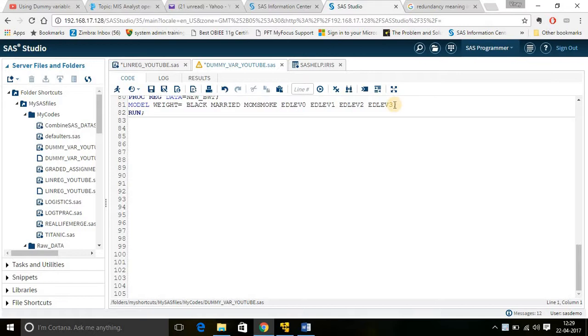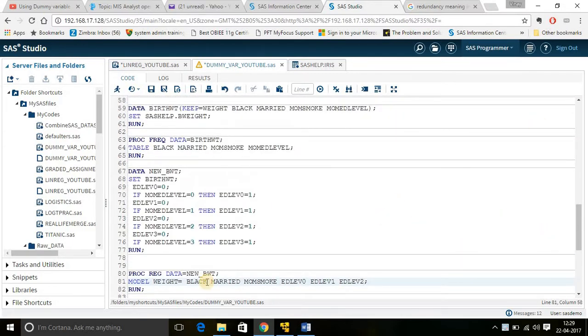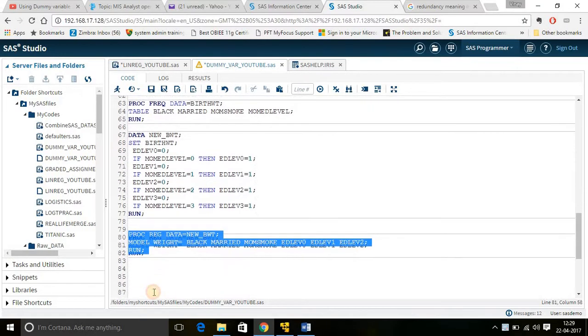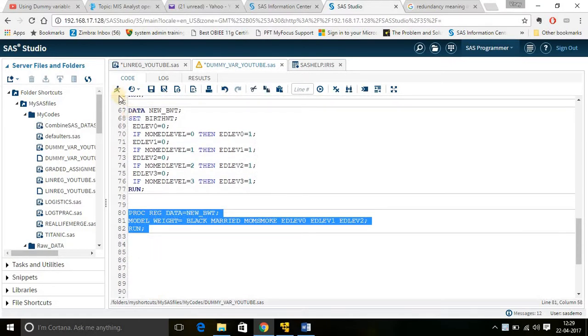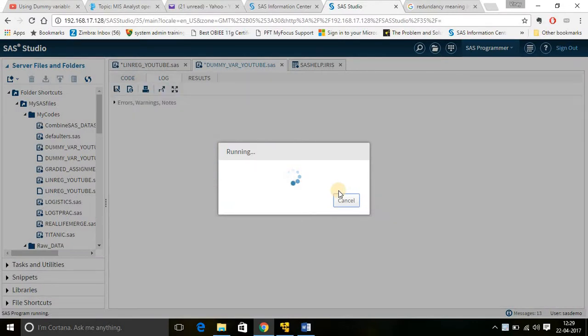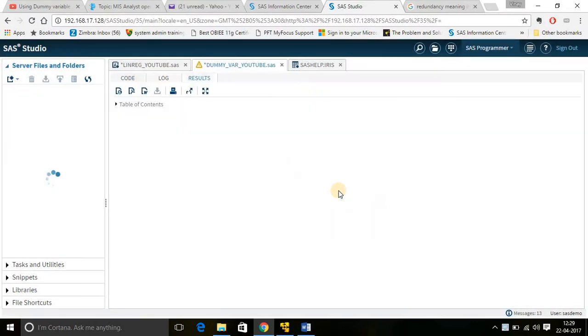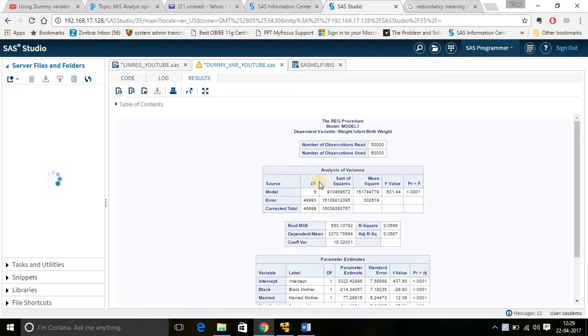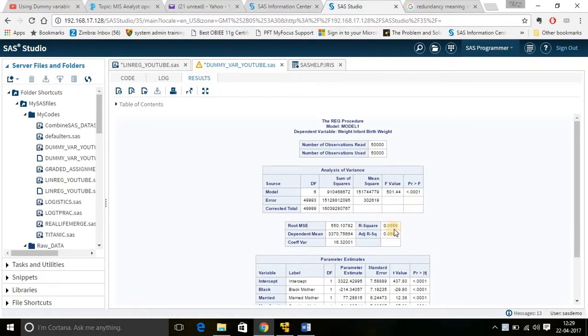Let's remove education level 3 and then take a look at results. So now it should give us an okay result. There are 50,000 observations. This is okay.